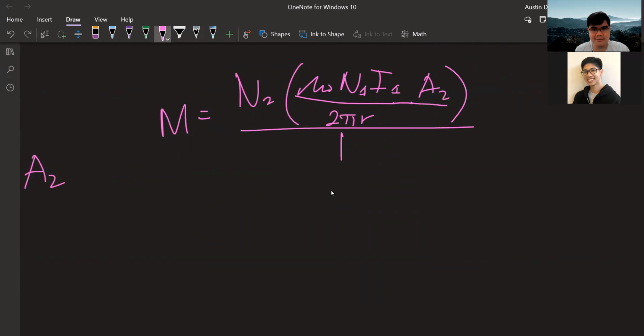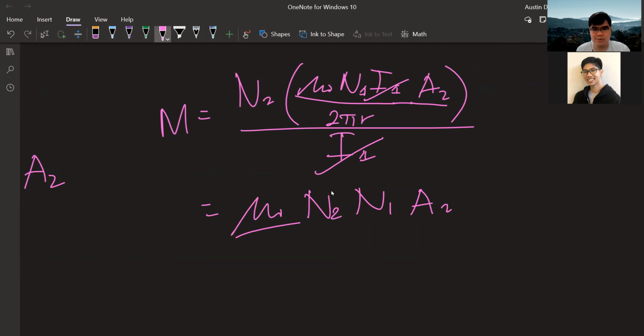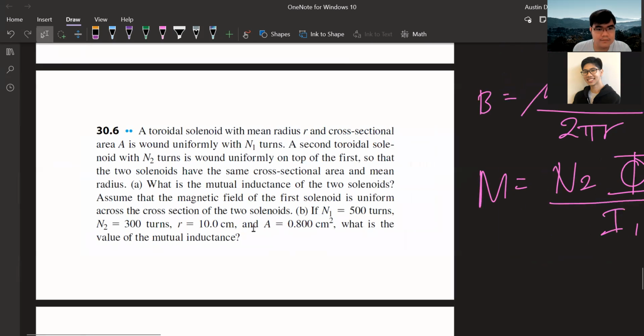Then all is divided by I1. Therefore, this cancels out and we have the mutual inductance to be mu naught N2 N1 A2 over 2 pi r. Okay? So that is the mutual inductance of the two solenoids.